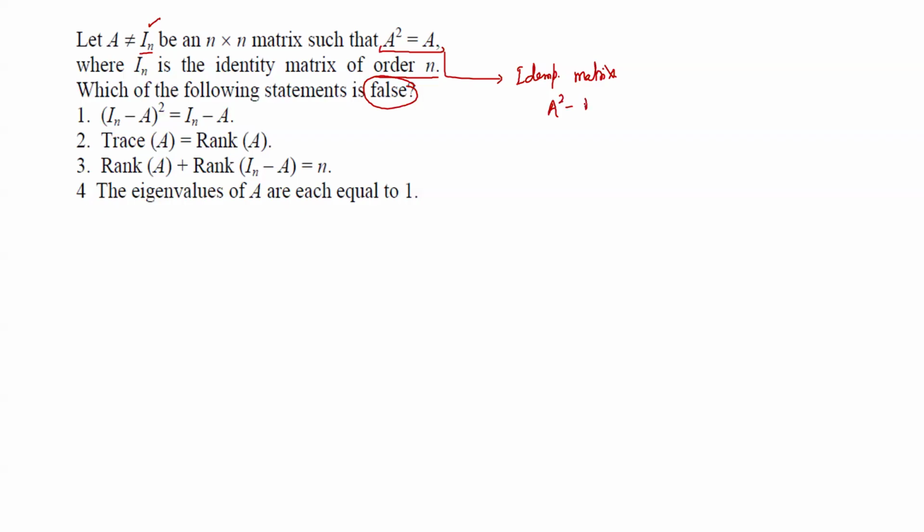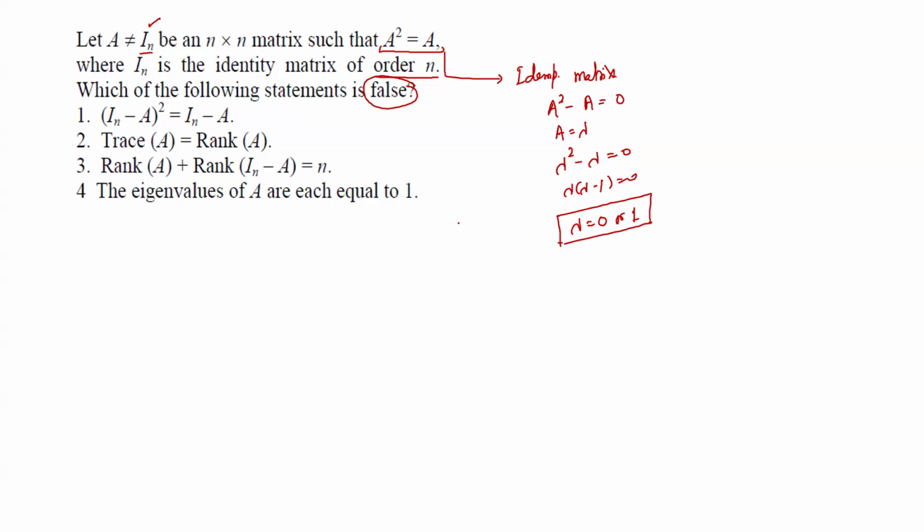We can write it as A square minus A equals 0, which gives us, if I put A equals lambda on it, where lambda stands for eigenvalue, lambda square minus lambda equals 0. And this is how I come to know that eigenvalues of such a matrix are 0 or 1. So over here we conclude one thing, that the eigenvalues of this idempotent matrix are either 0 or 1.